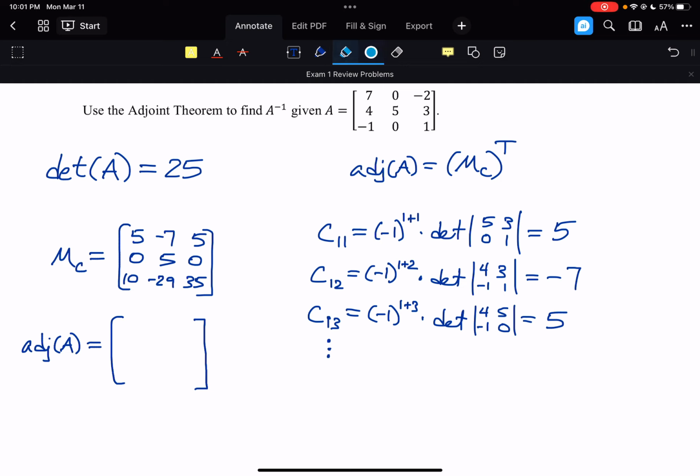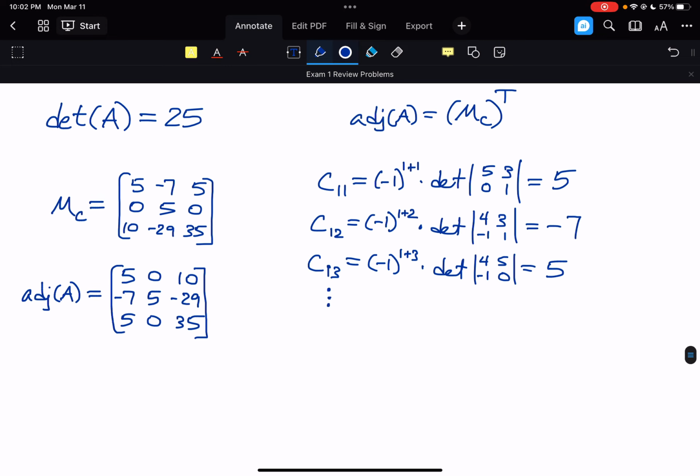So you can visualize that as this row becomes this column, etc., or you can think of it the other way, like this column becomes this row, etc. But either way, we'll get 5, 0, 10, -7, 5, -29, and 5, 0, 35. That is the adjoint of the original matrix.